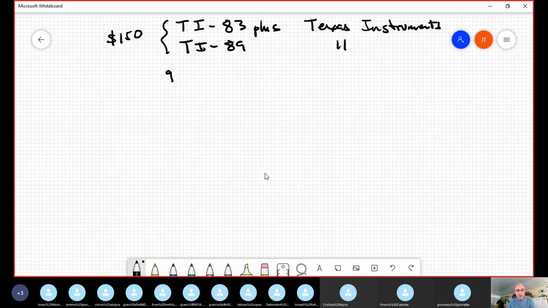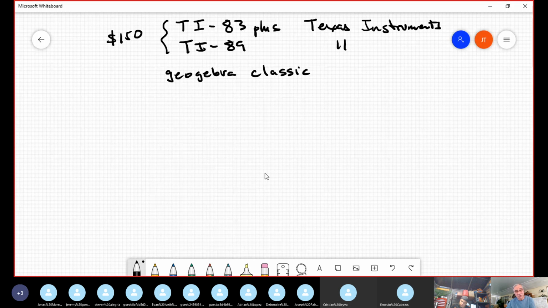However, in the new day, we have internet, we have computer, we have software in the cloud, like GeoGebra Classic. I want to teach you how we're using this. I don't know if today, maybe tomorrow. Tomorrow, no, the next day. Okay, but basically, my recommendation is to create an account in GeoGebra.